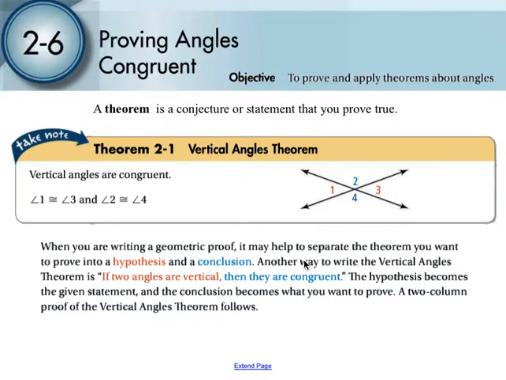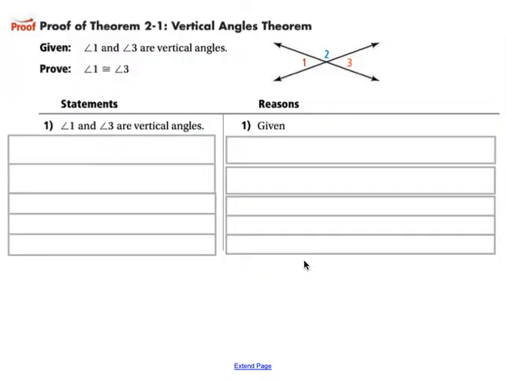So we will be using mostly two-column proofs to do that. I am going to show you what a paragraph proof looks like, but we probably won't be using that format very often. So here's our vertical angle theorem. We're given that angles 1 and 3 are vertical angles. We want to prove that angle 1 is congruent to angle 3.